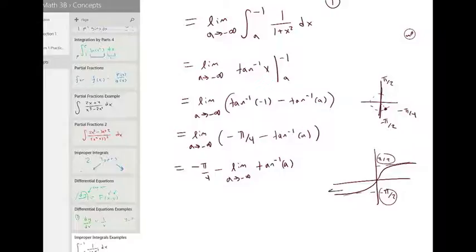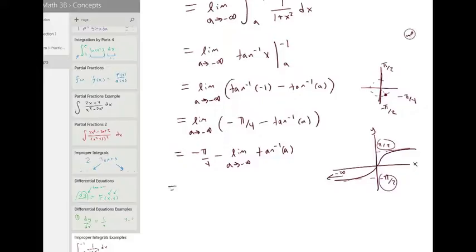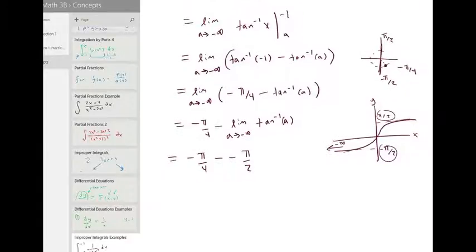Since we're approaching -infinity, this value is going to be negative pi over 2. So we have negative pi over 4 minus negative pi over 2. That is just positive pi over 4.